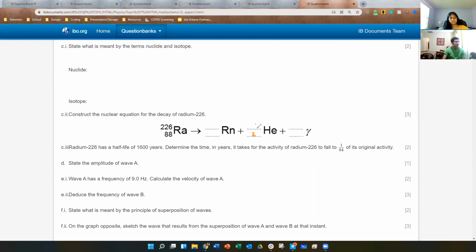Okay. 2, 4, and gamma. We don't put anything for gamma, right? Yeah, I guess you just put 0, 0. Can you just leave them blank? But it's 3 marks. So they're probably looking for 2, 4, and then 86, 222. Because I guess you could put 0, 0, but it wouldn't hurt.